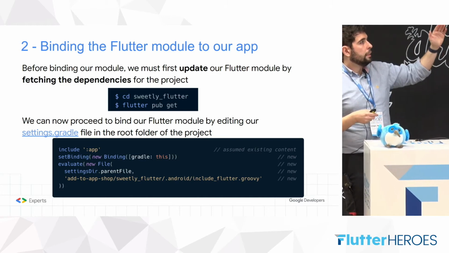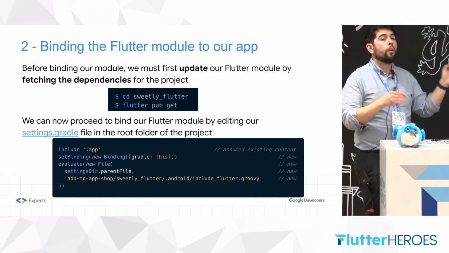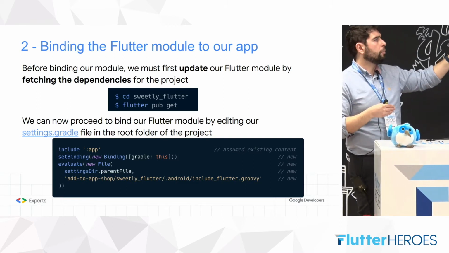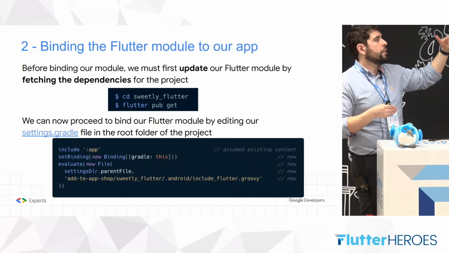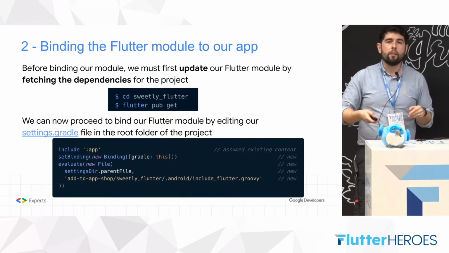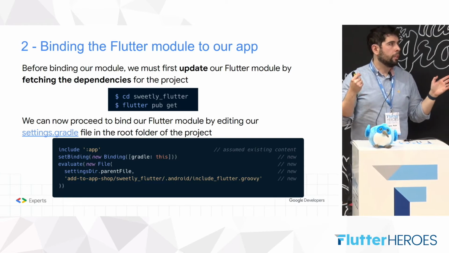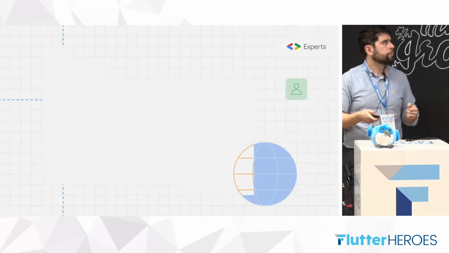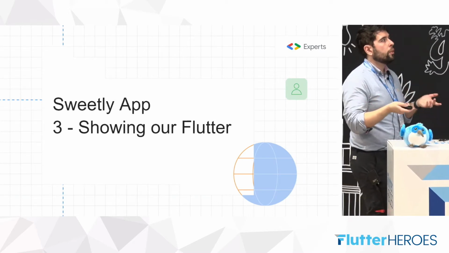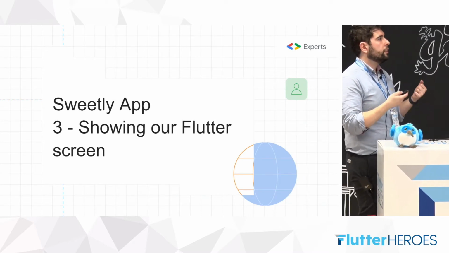As you see here, these are lines that are copied directly from the instruction manual. It's not something esoteric. So just to include the application, set the binding, and then evaluate the new file, which is going to be exactly the folder in which you have hosted the module that we just created. Now, I have created the module, so now we can move on to show our Flutter screen.